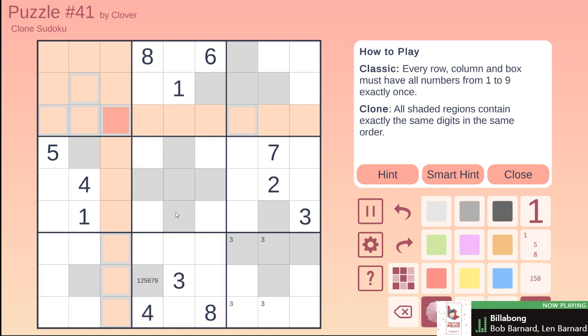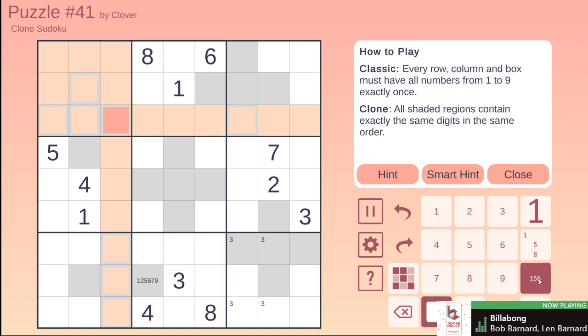Wouldn't that also make... Hold on. That would also make this 1, 2, 5, 6, 7, 9.